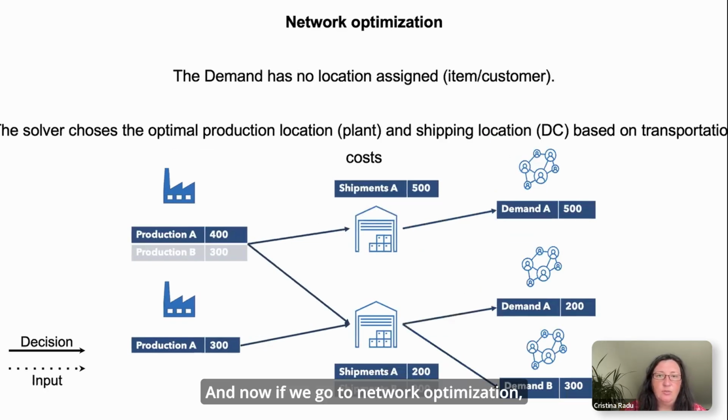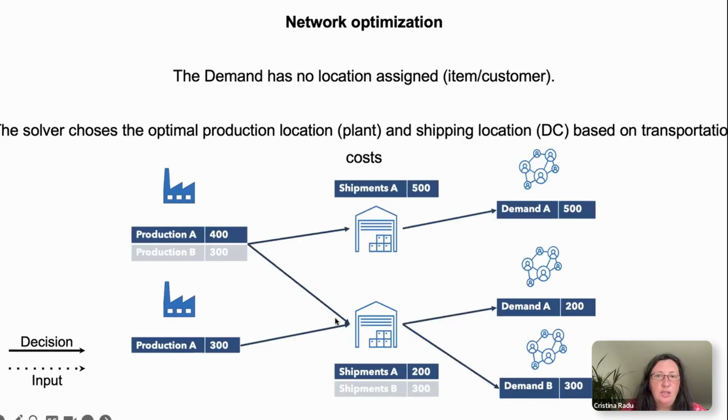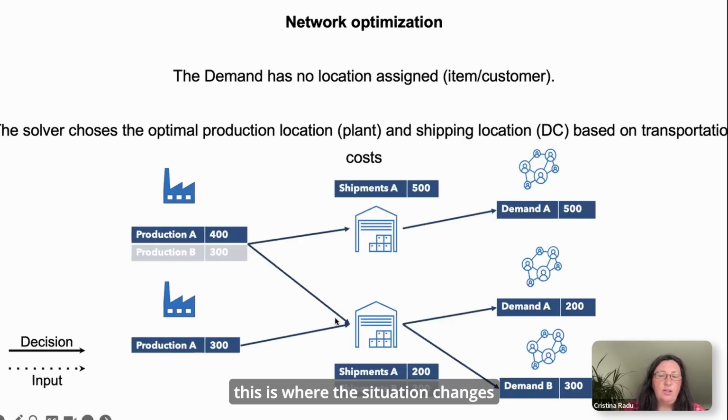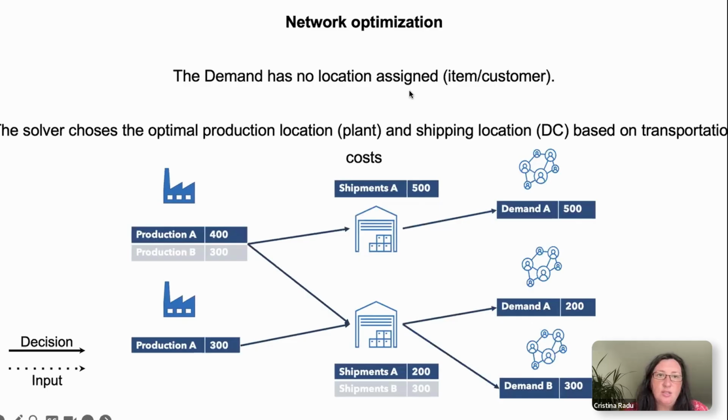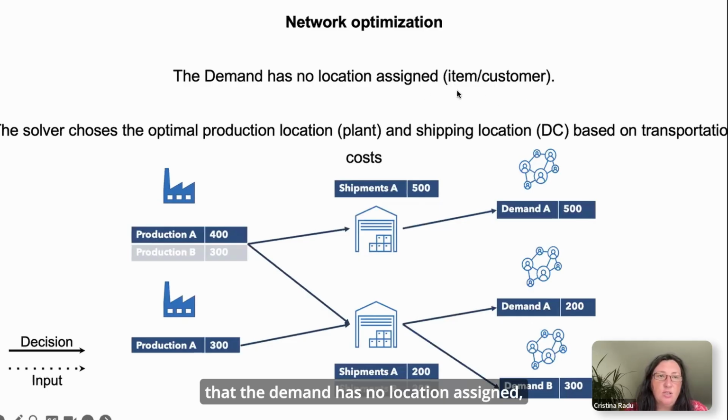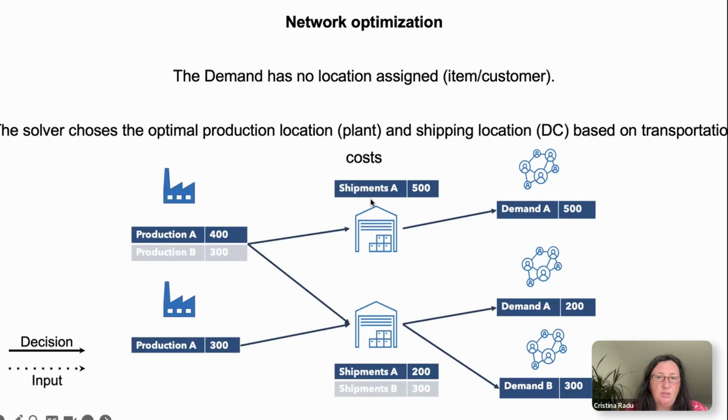And now if we go to network optimization, this is where the situation changes: the demand has no location assigned, meaning that the granularity of the demand is item customer, and then the solver also decides from where to ship it. So here we have a new type of variable called shipments.